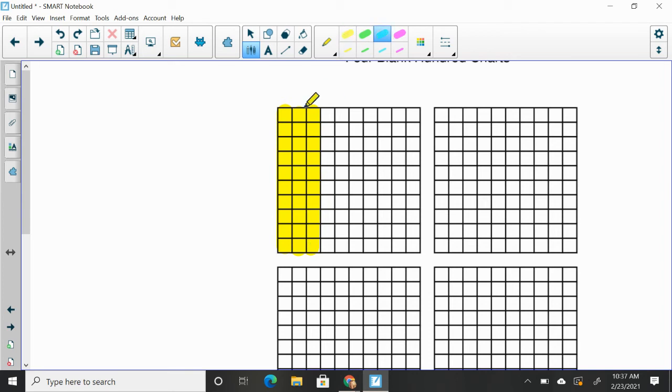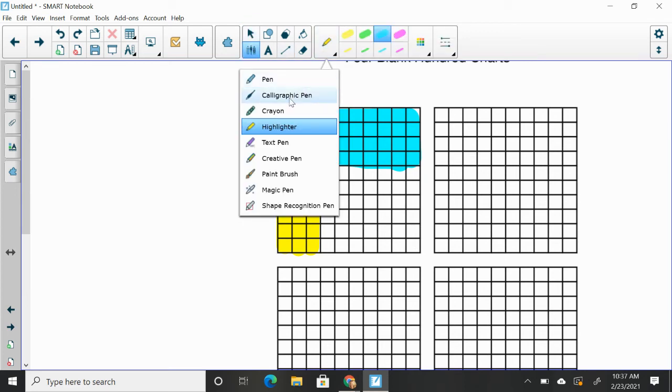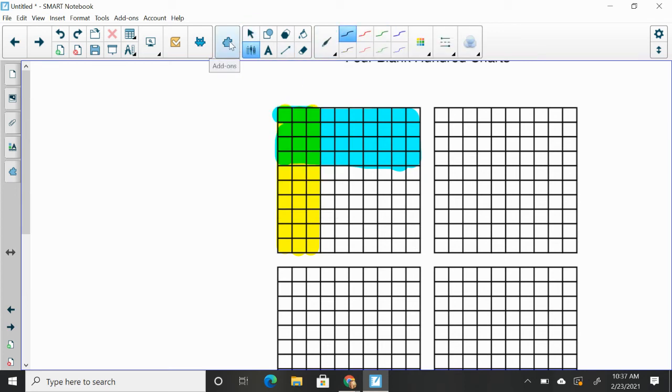And then I want you to tell me what would be the math sentence that matches this. What would be the math sentence that matches this model? And I'm going to write blank times blank equals blank. What would be my math sentence that would go in there?